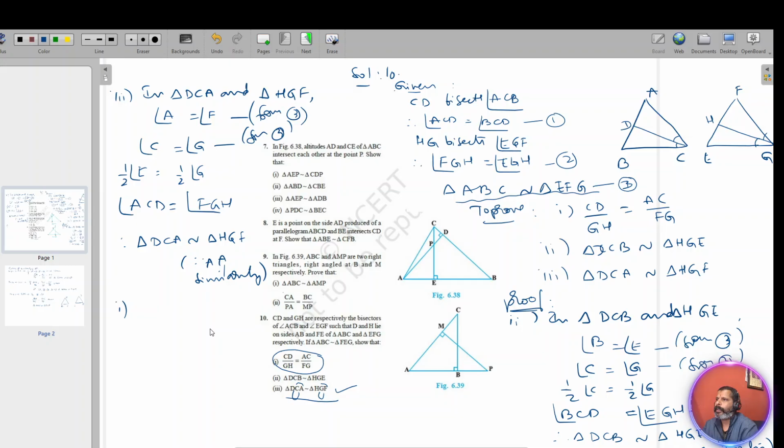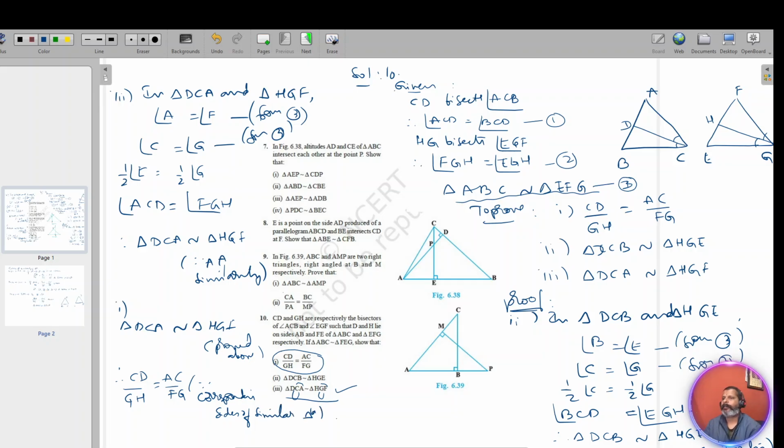Therefore, CD by GH equals AC by FG. Write the reason: corresponding sides of similar triangles. Hence proved.